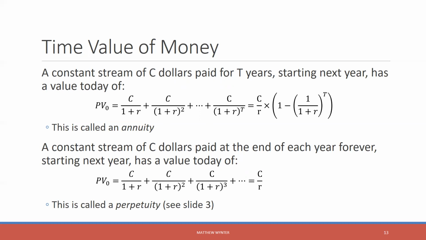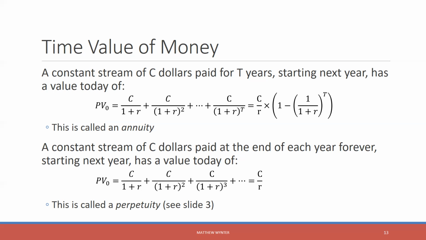We also have a perpetuity, which is a constant stream of C dollars paid at the end of each year forever, starting next year. So for the formula for the annuity, there are 2 things I want to emphasize. First, starting next year. Remember, we're always here at time 0 looking into the future.